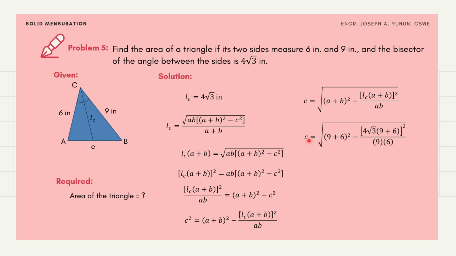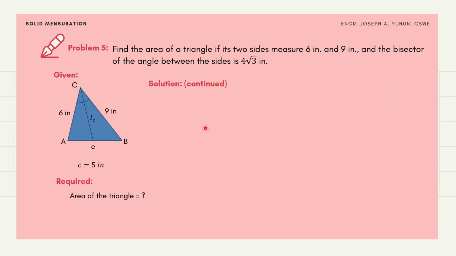Simplifying using your calculator, you have square root of 25, and that gives us 5 inches for this given side. Okay, now continuing.